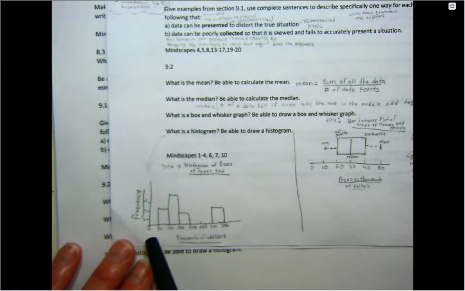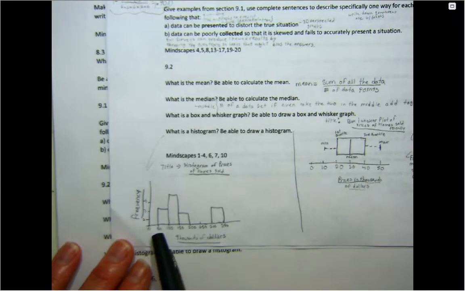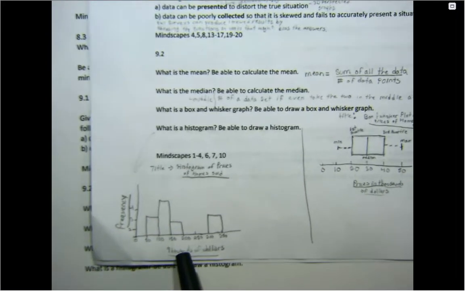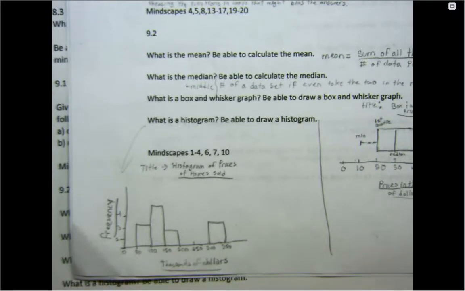So here's a nice little histogram. See how the scale is consistent? 0 to 50, 50 to 100, 100 to 150, 150 to 200. So you need a consistent scale on both types of graphs. Then the left side would be frequency.